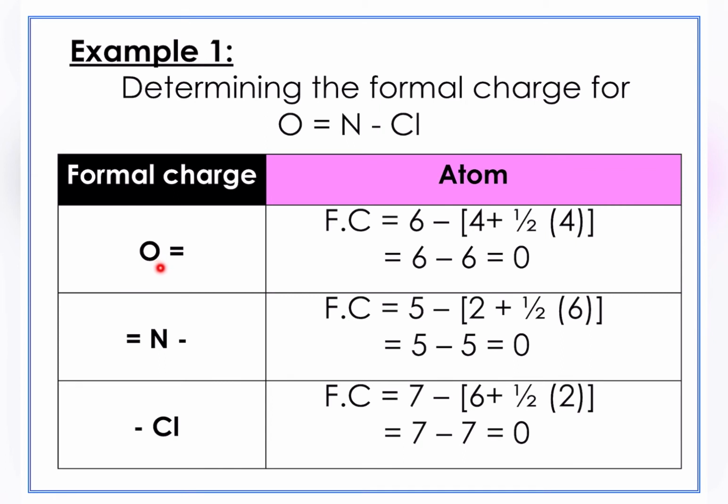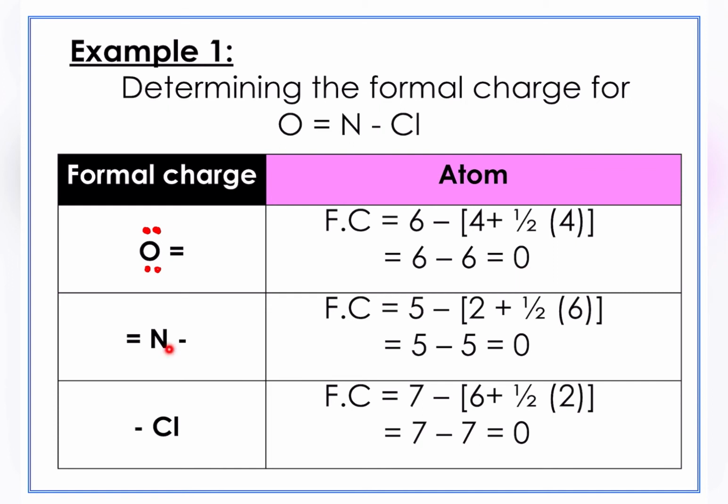As you see here, oxygen contains 2 lone pairs. So the valence electrons for oxygen is 6, minus the number of lone pair electrons, which is 4, plus half of the bonding pair electrons. We have 2 bonding pairs, multiplied by 2, we get 4. So total up everything, you will get 0 formal charge for oxygen.